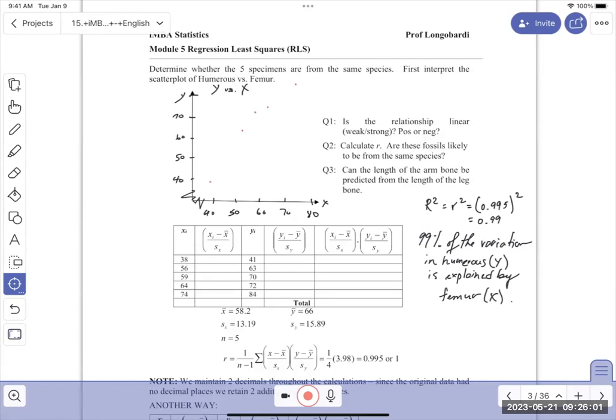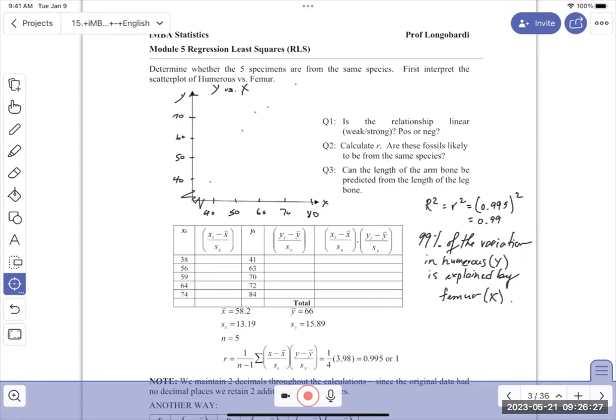So it's looking at variation, and when we square it, it's telling us the percentage of total 100% variation. So it's 99% of the variation in the Y, the predicted value or predictable one, that is explained by the variable X. Okay, so that's the interpretation of R squared.